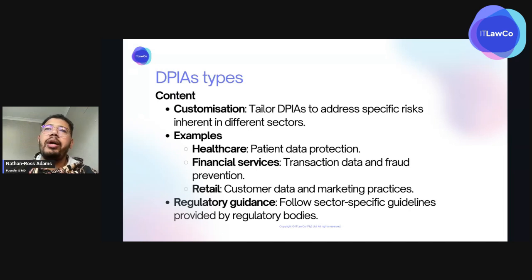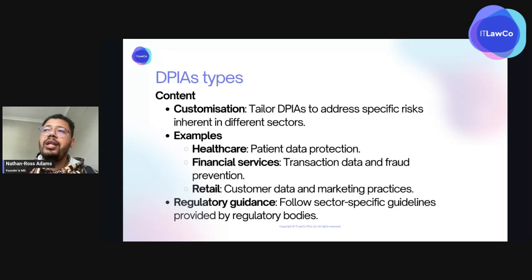So if you are in the healthcare sector, you would naturally need access to highly sensitive, special personal information, healthcare data, for example. And the risk in the healthcare sector in particular is that that data could become publicly available and be subject to severe security compromises. And so the DPIA would need to be sector specific.